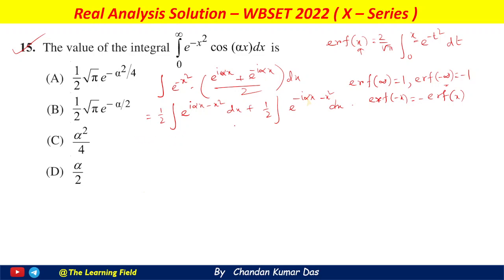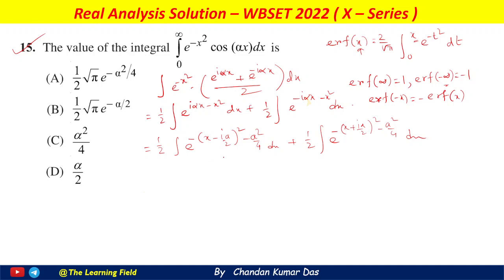Now we can write this as 1 by 2 integration exponential minus of x minus iota alpha by 2 whole square minus alpha square by 4 dx, plus 1 by 2 integration exponential minus of x plus iota alpha by 2 whole square minus alpha square by 4 dx.